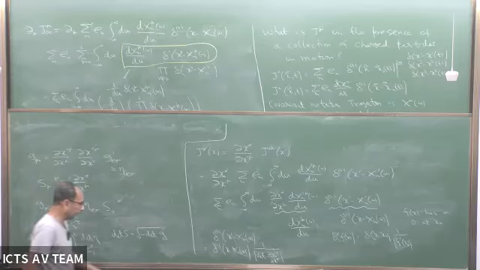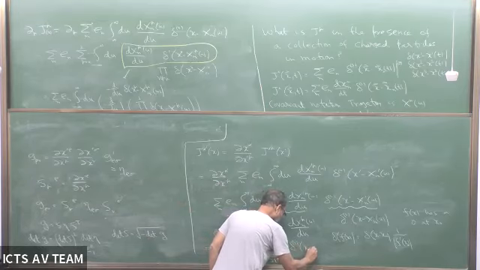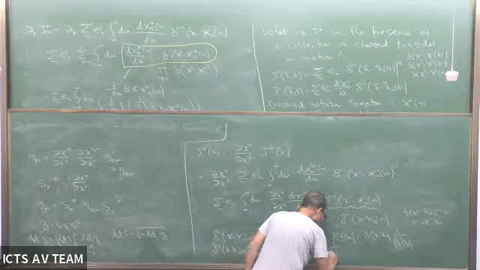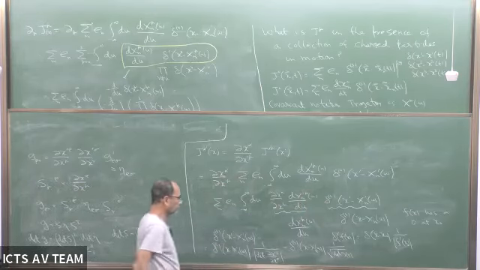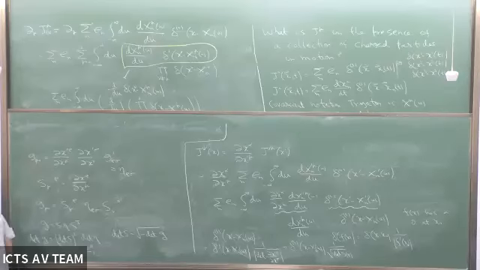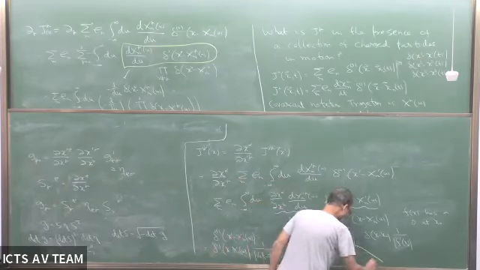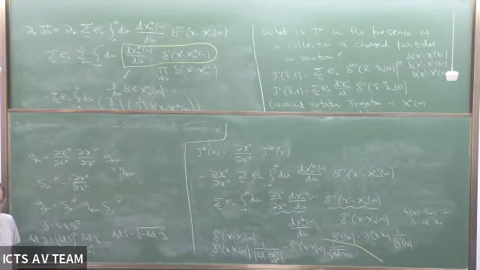So with this, I can now write this as delta 4 x minus x of u times 1 over square root of minus determinant of G. Is this clear?